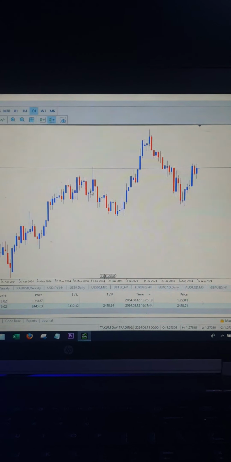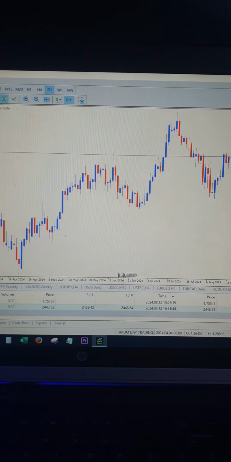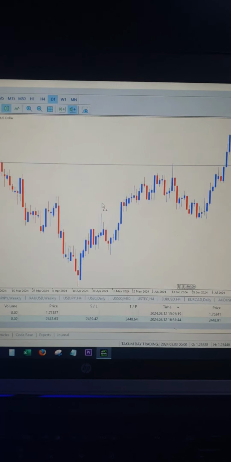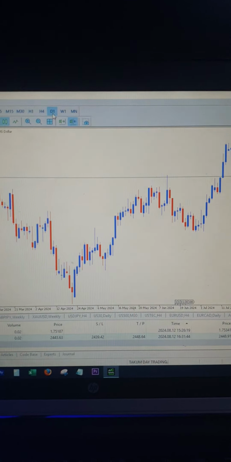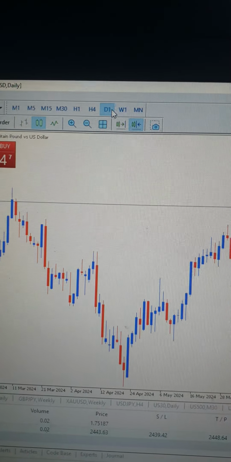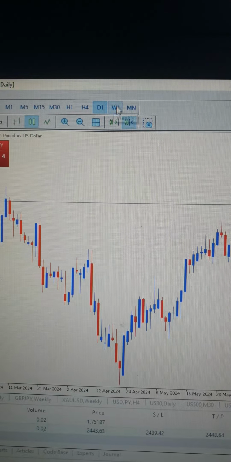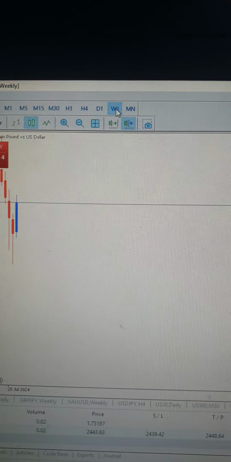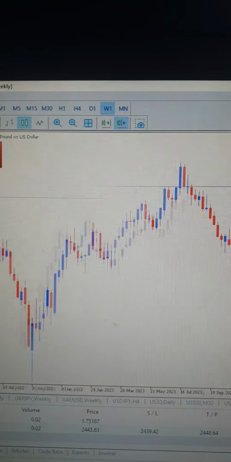So when we have our charts, we have the time frame, presently I'm on the daily time frame. Sometimes I go to the weekly just to see where the market is heading.